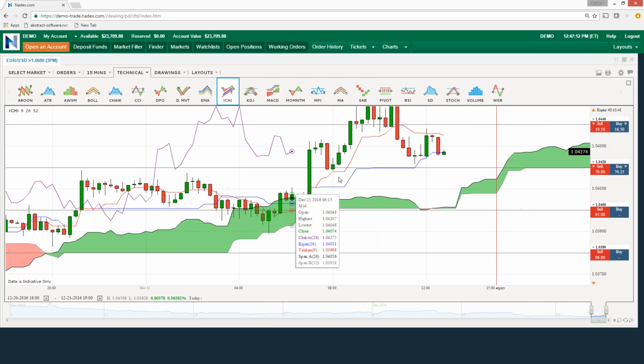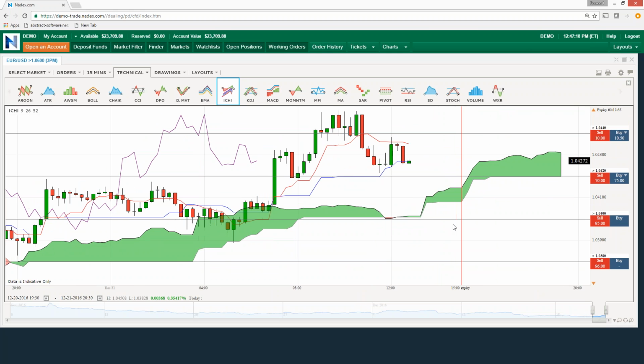We can see that the Ichimoku cloud is much more clear in what it's saying about trend now. What is the general trend that we notice here in the euro futures, or the euro right now in this pair?